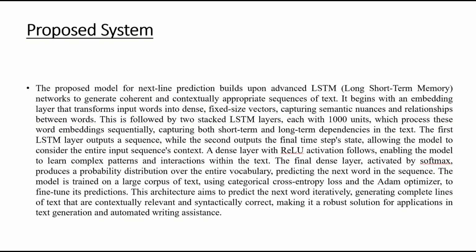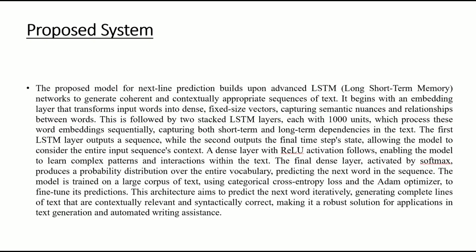Proposed system. The proposed model for next line prediction builds upon an advanced LSTM network. This generates next words for a given sentence. This starts with embeddings, which means converting the given words into dense vectors. And there are two stacked layers of LSTM, each consisting of 1000 units.